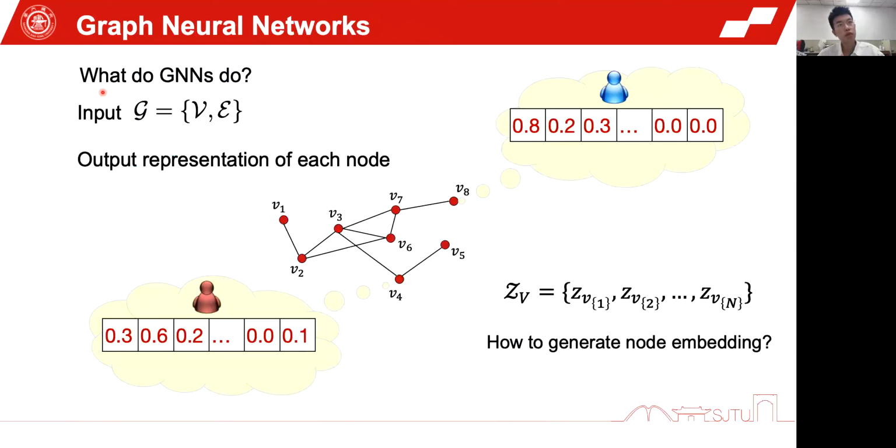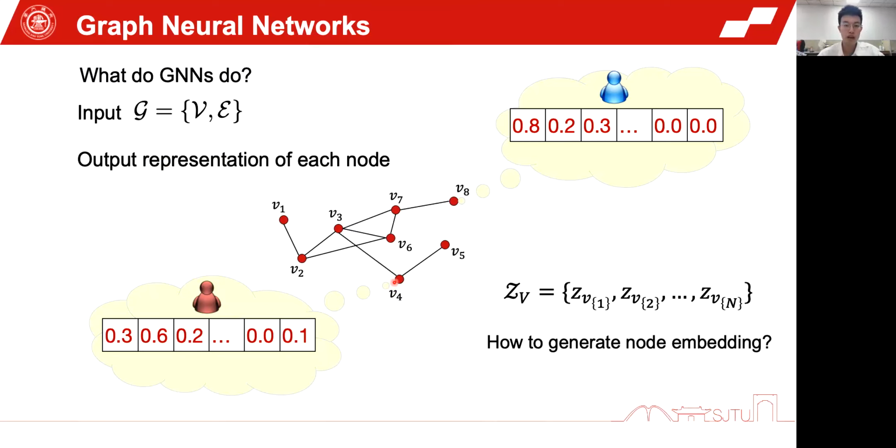So, what do GNNs do? The task of GNNs is so simple that we put a graph into GNNs, and the most common output is that the model outputs the embedding of each node, or the representation of each node. For instance, if we get the node embedding of a given node, we can predict the node type, whether it is a red node or a blue node.